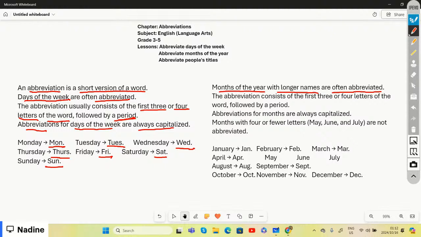We only abbreviate words with letters that are five or more. Then we shorten it. If it's five or more, then we abbreviate it. But anything less than five letters, we do not abbreviate it. You write the word as is.